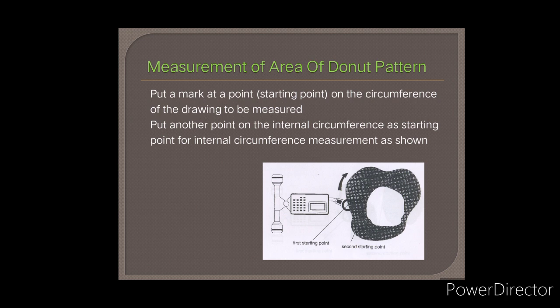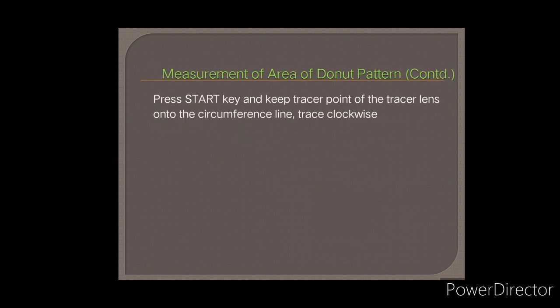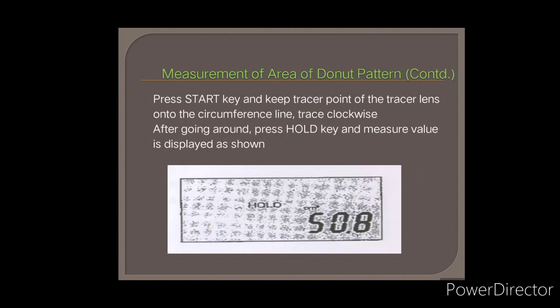Later on, what I have to do? Again, same as usual, you are supposed to keep the starting point on the outer periphery and close the loop. And while going to the measurement of the second one, there is a key called the hold key. See, after going around, press the hold key and measure the values displayed as shown.